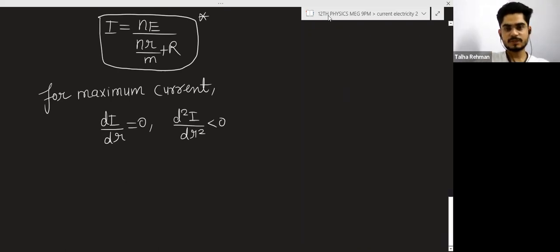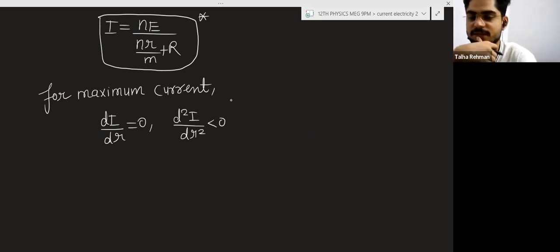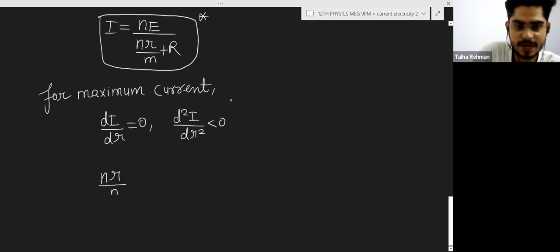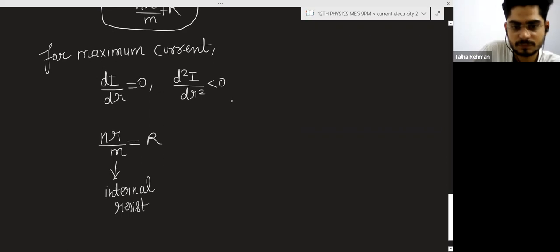When you do this, you will get internal resistance of the cell equal to the external resistance. So you get NR by M is equal to R. This is the total internal resistance, and this is the external resistance.